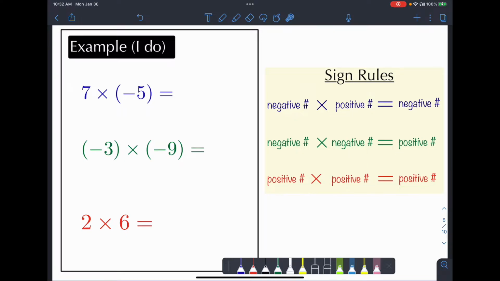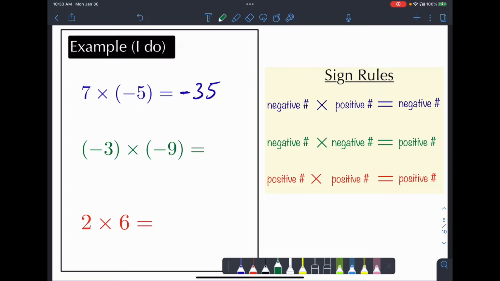So the only time we end up with a negative is when the two signs are different. So let's look at the first example here, 7 times minus 5. Well, 7 times 5 is 35. But we don't have 7 times 5, we have 7 times negative 5. So the 7 is positive, the 5 is negative, so a positive times a negative gives us a negative.